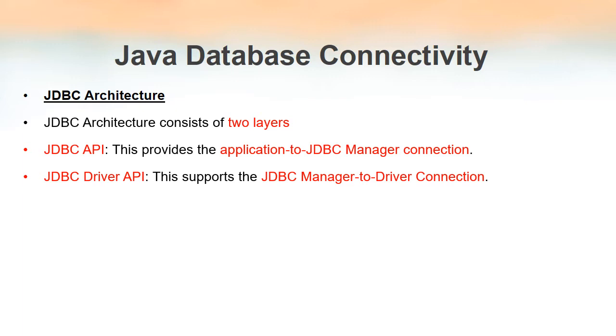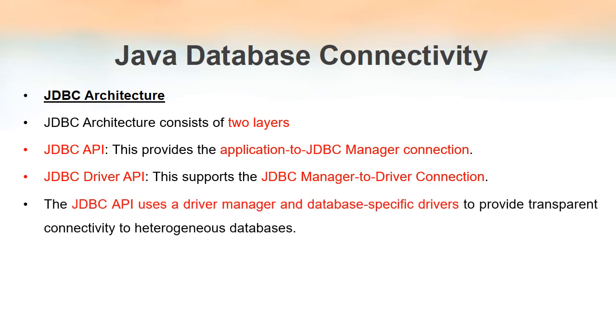So it is the JDBC manager which selects the driver of the particular database that we are going to access. The JDBC application program interface, the first layer of the JDBC architecture, is used for connecting our program with the JDBC manager. The JDBC driver application program interface is the one that connects this JDBC manager with the particular driver of the specific database.